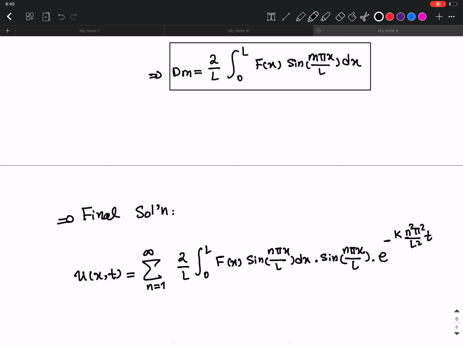So this is k n squared pi squared over L squared times t.